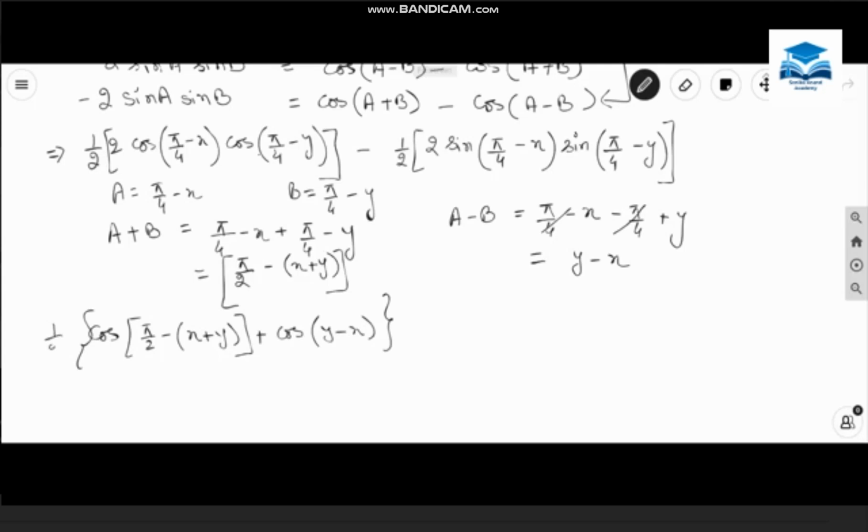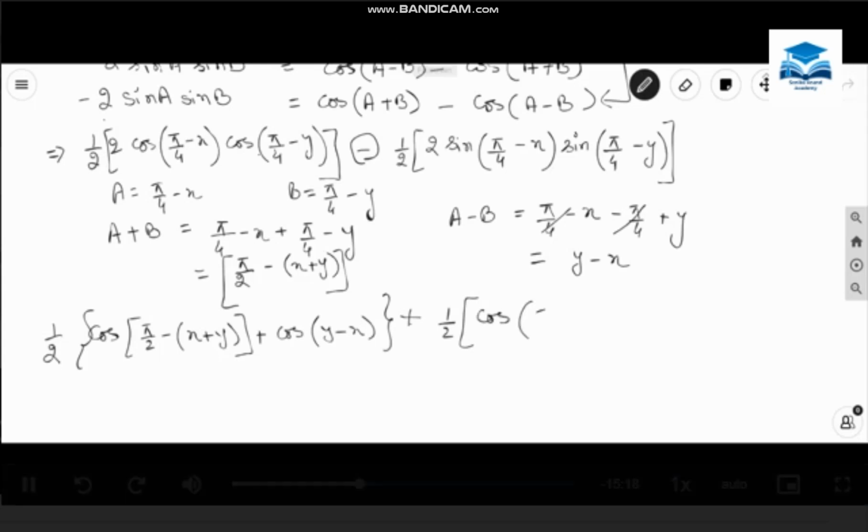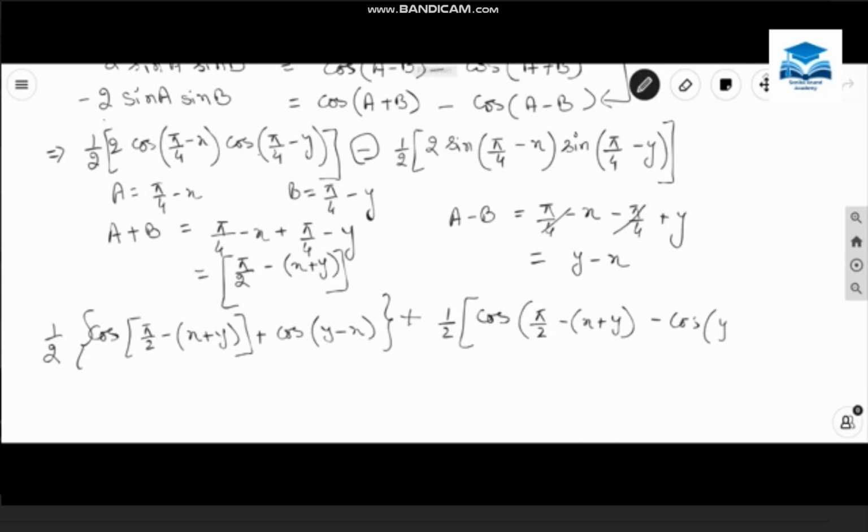This is half. Cos A plus B, that means pi by 2 minus x plus y minus cos y minus x.